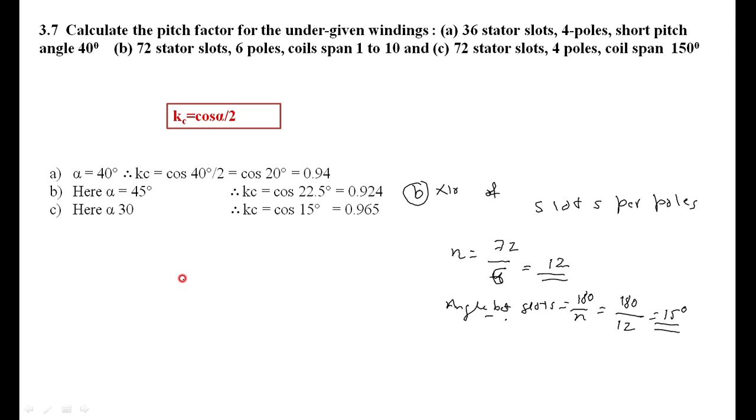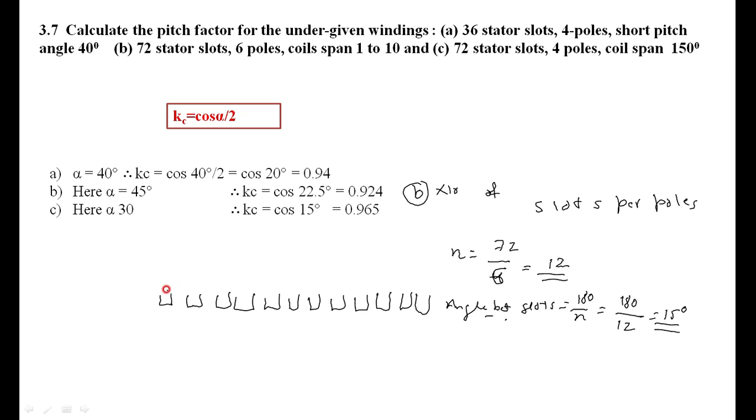In this case, if it is a full pitch winding, there are 12 slots in one pole pitch, that is 1, 2, 3, 4, 5, 6, 7, 8, 9, 10, 11 and 12 slots.